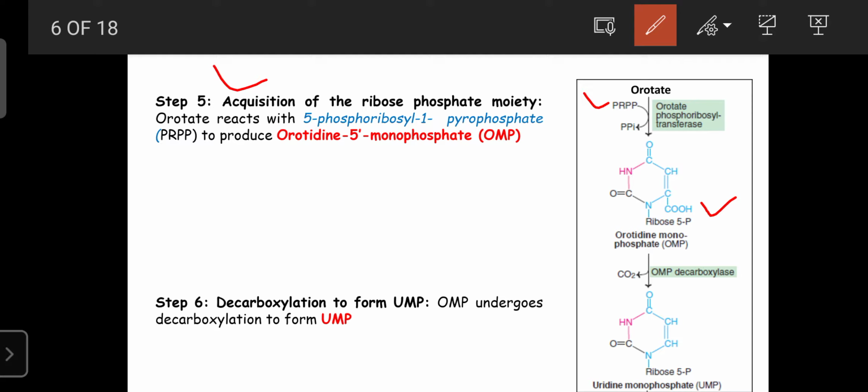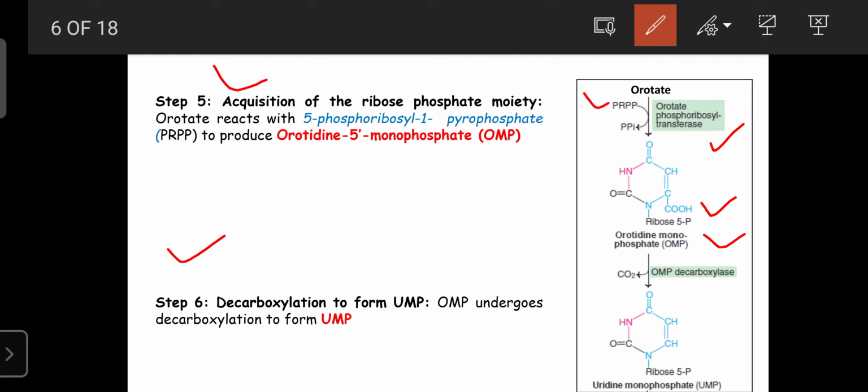In the presence of orotate phosphoribosyl transferase, it can form orotidine monophosphate, that is OMP. Here the orotate reacts with PRPP, that is 5-phosphoribosyl 1-pyrophosphate. Then it responds with the production of the OMP.